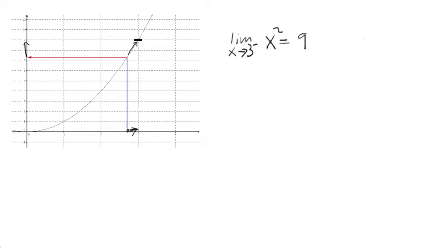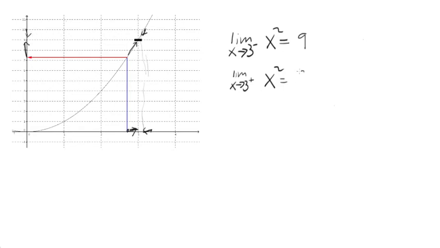So we would say in this case that the limit as x approaches 3 from the left is definitely 9. And then if we take the blue line and put it over here, as you saw, and approach 3 from the right, we would say the limit as x approaches 3 from the right of x squared. Any x value that I pick on this side would have a corresponding function value up here, coming down toward the black box, which would be coming down towards 9.